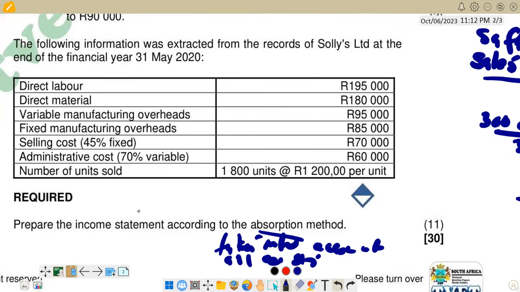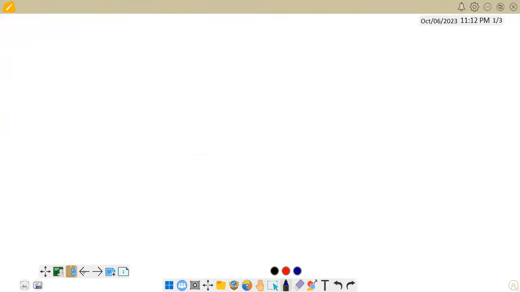We are going to take them all into account, fixed and variable, when we are preparing that income statement using absorption costing. So let's go and try to prepare that one. So we are going to present a table.